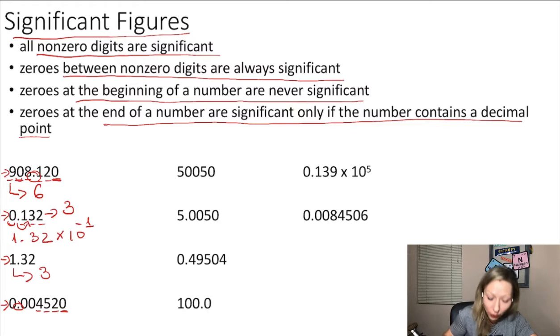What's up with my first three zeros? Are they significant? No, they are not, because they are at the beginning of a number, so they are simply placeholder zeros.